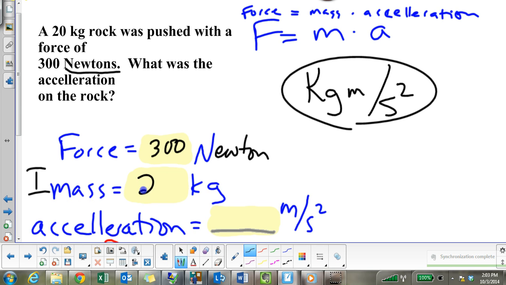The mass was 20 kilograms. And the acceleration, I don't know, right? So that's x. The label on acceleration is meters per second squared. Again, maybe you don't really have a handle on what that means.